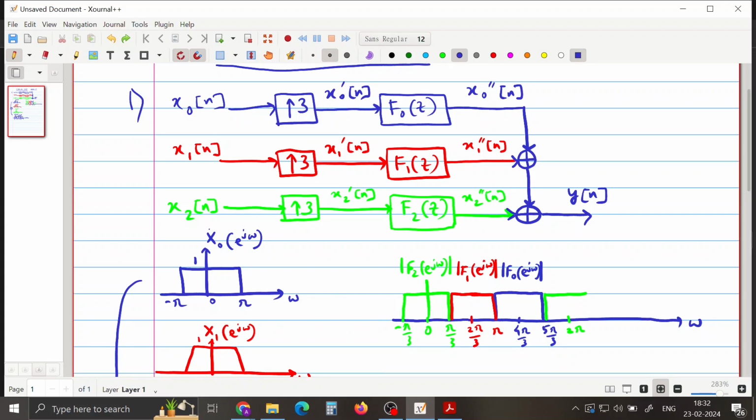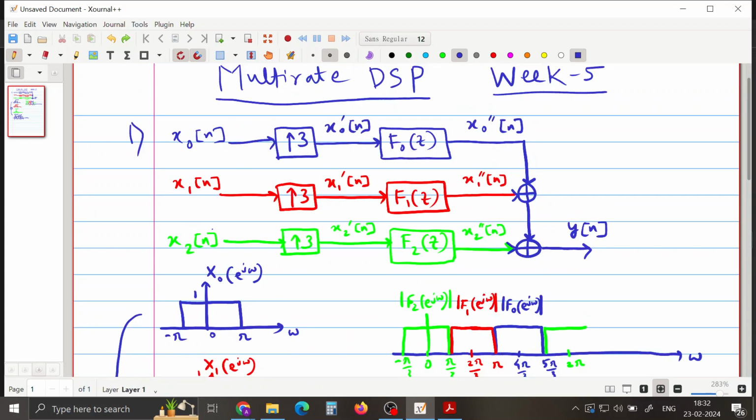Are you able to understand so far? Yes, sir. Okay, so what I am asking is this x naught double prime of n signal here, we are trying to look at its spectrum, x naught double prime of e power j omega. You see x naught prime of n is passed through this filter to give me x naught double prime. In the frequency domain we are multiplying the spectrum of the input with the f naught of z.